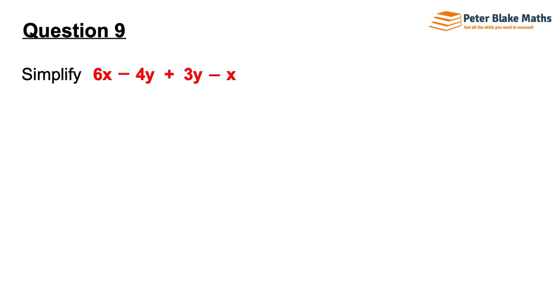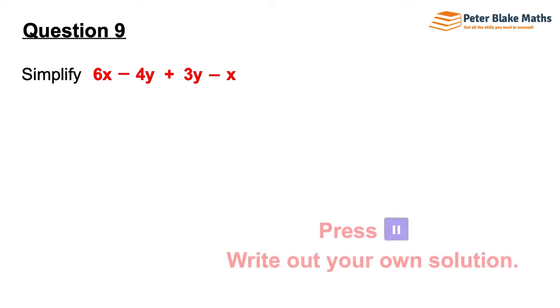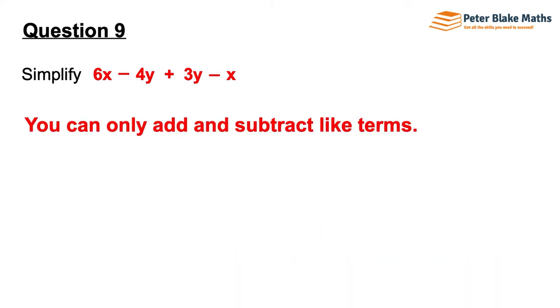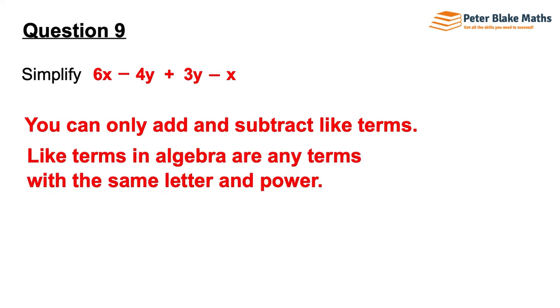Question 9. Simplify 6x minus 4y plus 3y minus x. You can only add and subtract like terms. Like terms in algebra are any terms with the same letter and power. We have two pairs of like terms here.